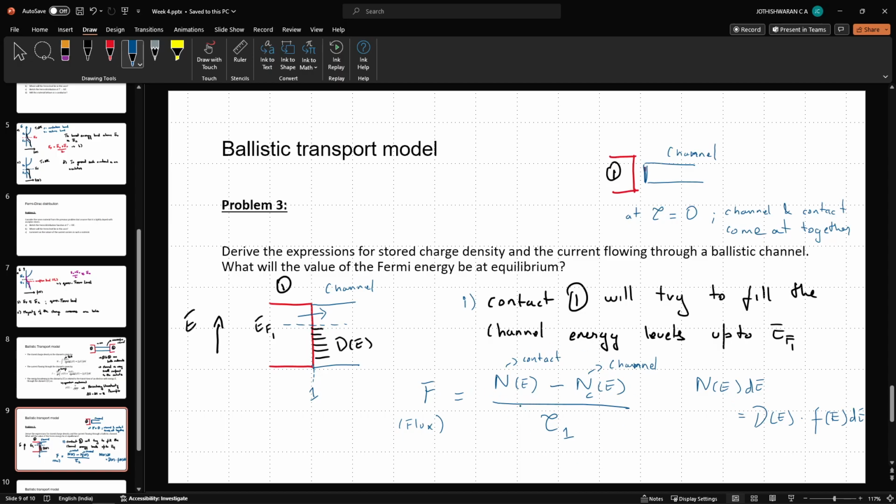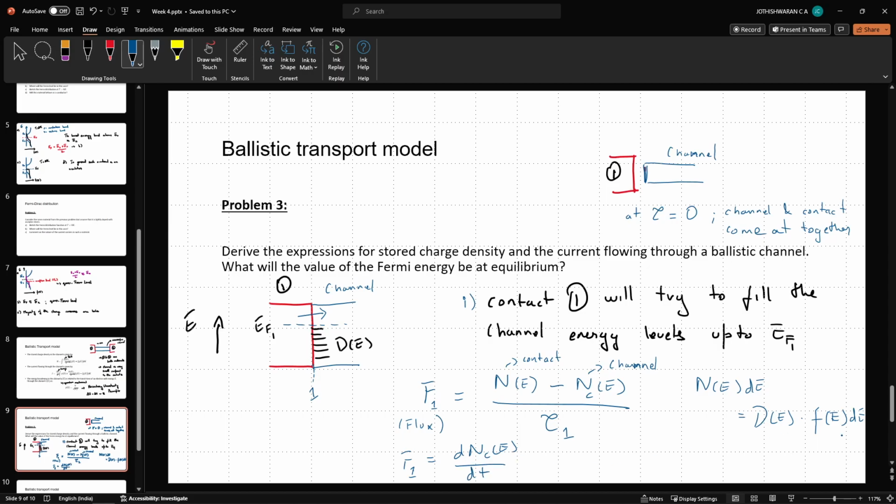So this will tell us the rate at which NC is changing. This quantity is the number of electrons that are coming into the channel, which implies, I will call this F1. F1 will be equal to dNc of E by dt.